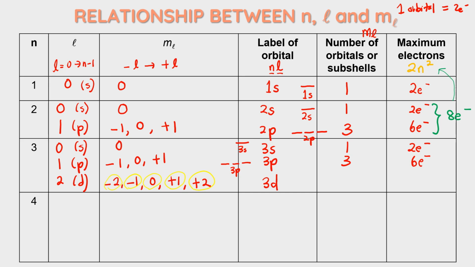So 5 numbers meaning that we have as much as 5 subshells in 3d. We can draw the subshells as 1, 2, 3, 4, 5. So how many spaces could we fill with electrons in 3d? We have 5 orbitals over here. So the total number of electrons that we can fill in these 5 orbitals will be 5 times 2. So that will be 10 electrons.